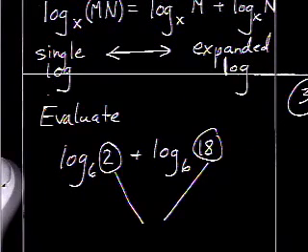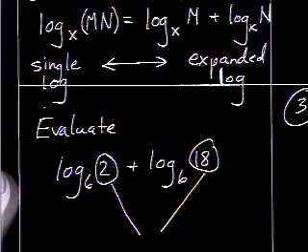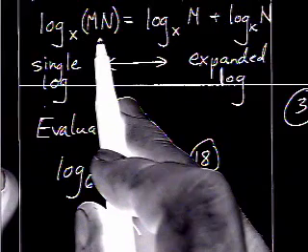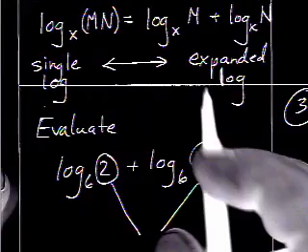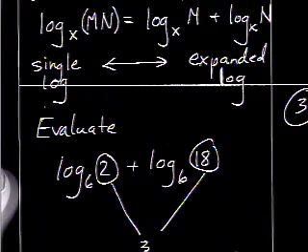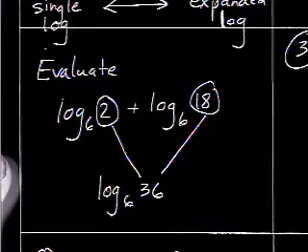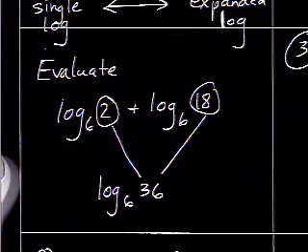But according to this property, I can take this side right here and I can change it into this. So 2 times 18 makes 36. And so we're taking log base 6 of 36. Now we know that has to equal a number, so I'm going to write equals x.